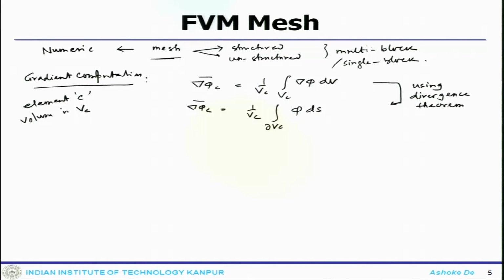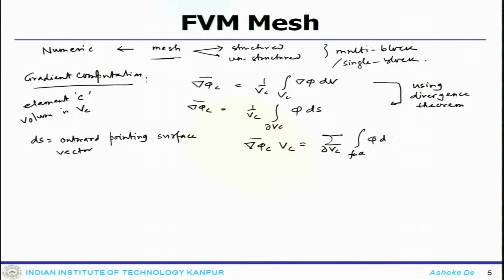So, the volume integral is transformed to a surface integral, where dS is the outward pointing surface vector. For a given system, one can write this as V_C times the gradient of phi equals the summation over faces of phi dS.